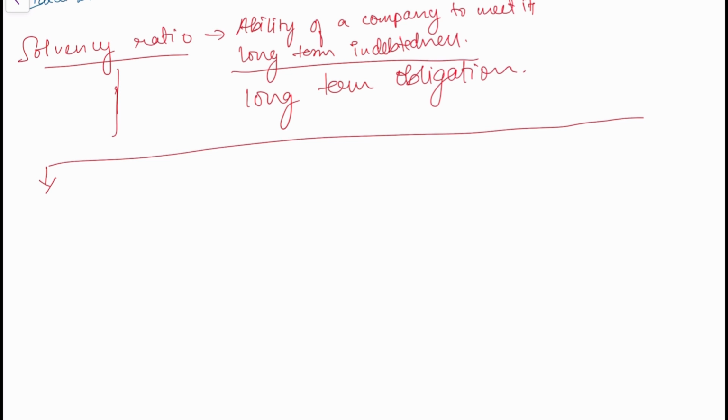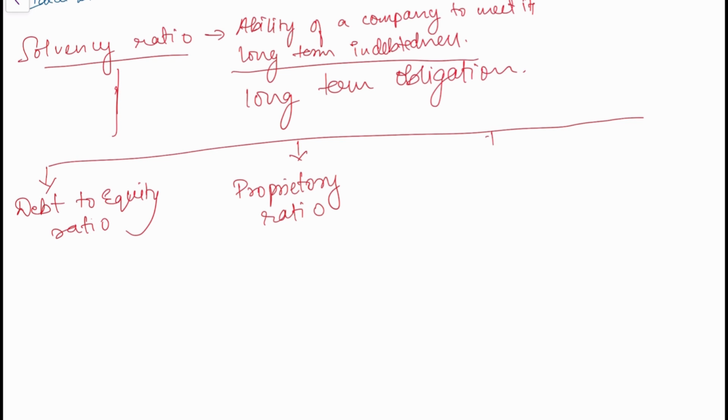Okay, under solvency ratio there are 5 ratios. First one is debt to equity ratio. Second one is proprietary ratio.